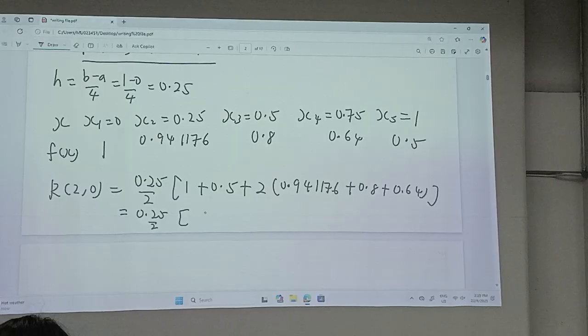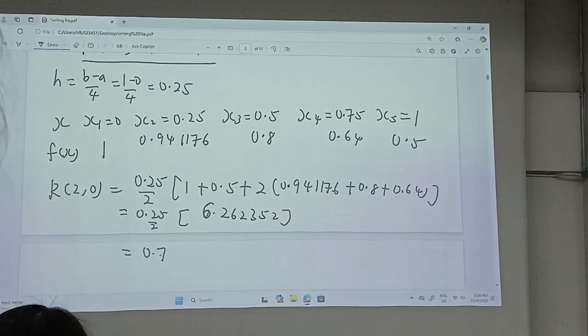So this part, use a calculator, get 6.262352. Multiply together, get 0.782794.